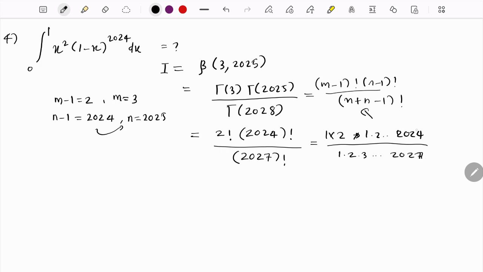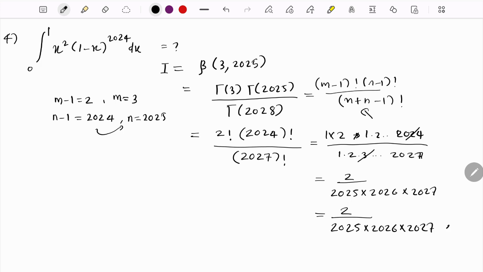That is, 2024 factorial will cancel, and the remaining term is equal to 2 divided by 2025 into 2026 into 2027. So this is equal to 2 by 2025 into 2026 into 2027.